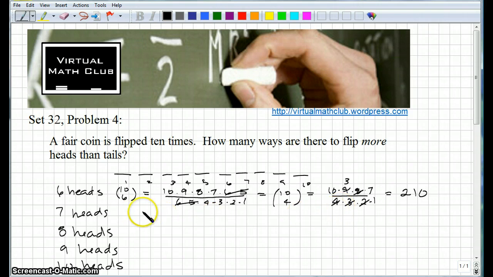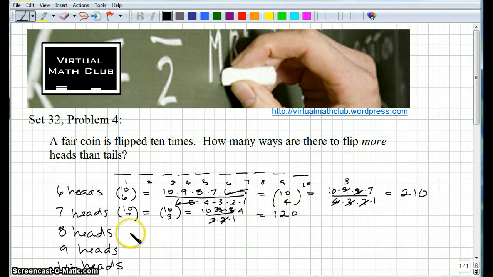Alright, so we can continue working through this, and we can do 10 choose 7, which should be equal to 10 choose 3. Now I like to calculate 10 choose 3 more than I like to calculate 10 choose 7 because the simplification's already done for me. So it's 10 times 9 times 8 over 3 times 2 times 1. Okay, so I can make this a 4, and I can make this a 3, so it's 12 times 10, which is 120.